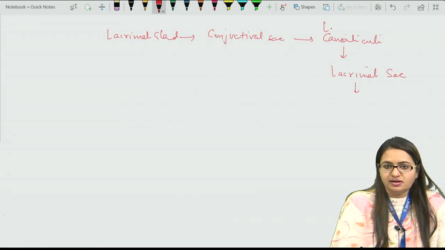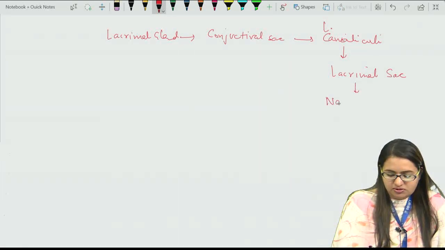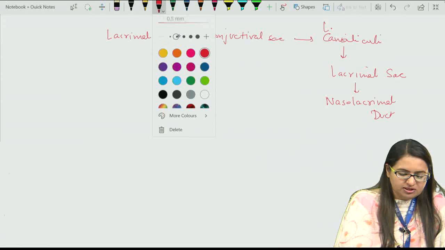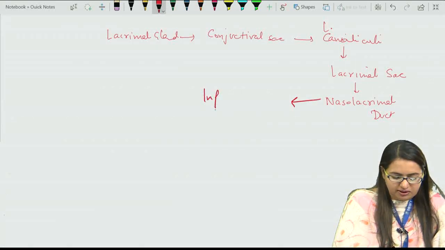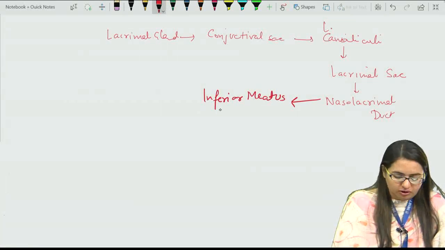Now this lacrimal sac opens via the nasolacrimal duct. It opens into the inferior meatus of the lateral wall of the nasal cavity.